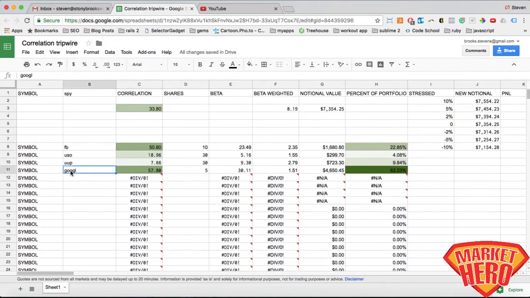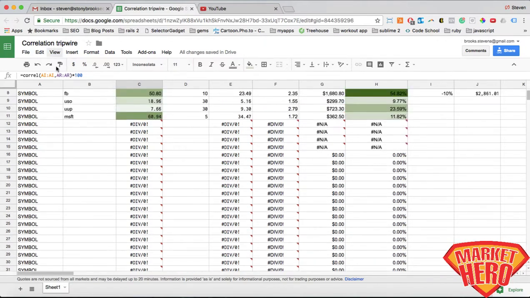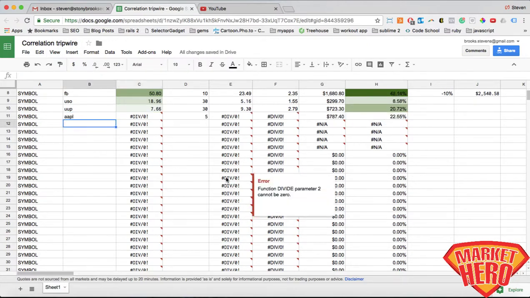Let's look at another one like Microsoft. Again, a technology company. All right, that moves with Facebook 50% of the time. Not bad. You can go ahead and you can make trades based off of having the same directional risk as Facebook and Microsoft. What about Apple? Let's see how that one looks. Again, these are all happening based off of real-time data.